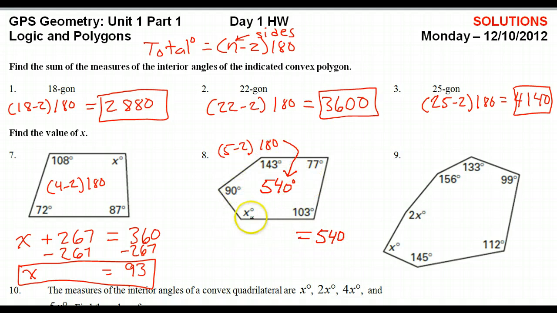Alright, so that means the sum of all these expressions should equal 540. This one is again pretty straightforward because I've just got x and then these four constants to be combined. So that's 413, and then if I subtract 413 from both sides, that's going to give me x. So that's 127.